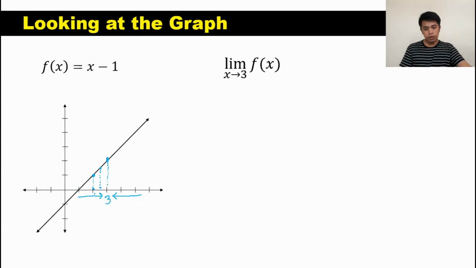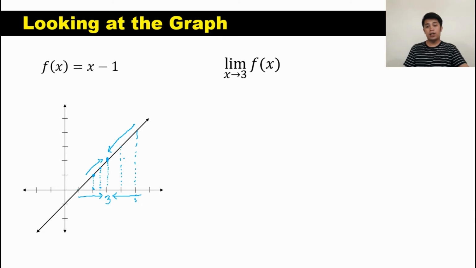So as we move closer and closer to 3, we are also moving closer and closer to this particular value. From the other side, at 5 its corresponding y value is here. At 4, the corresponding y value is this 1. So again we move closer and closer to this particular value.